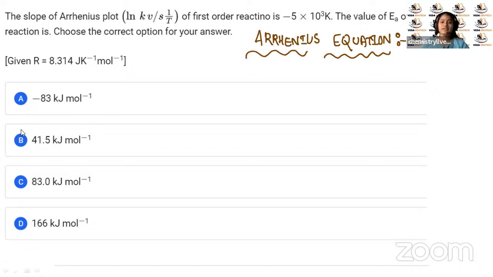Now what happens, children? The relationship between your activation energy, your rate constant, and temperature, all this is given by the Arrhenius equation, which is K equals A e to the power minus EA by RT. Okay, K, as you know, is your rate constant.